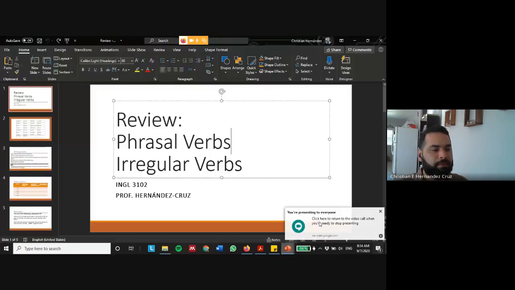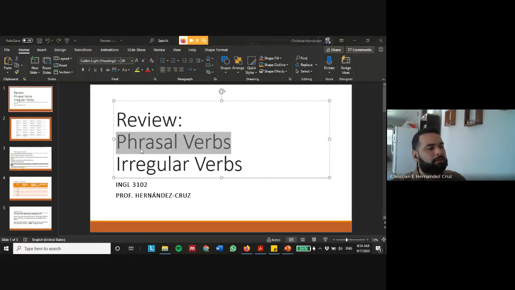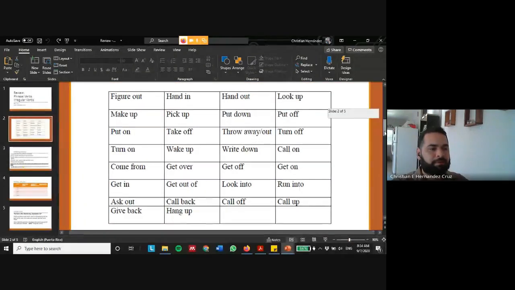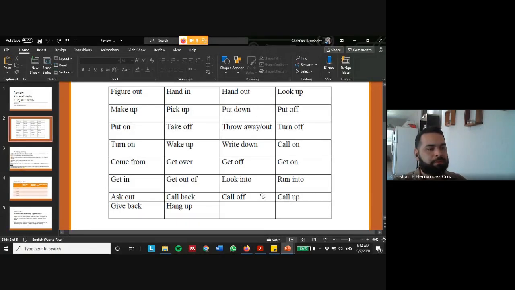Anyways, so we're going to review right now the phrasal verbs. Let's take a look at this following slide. You can see here we have a list of 2 words each.